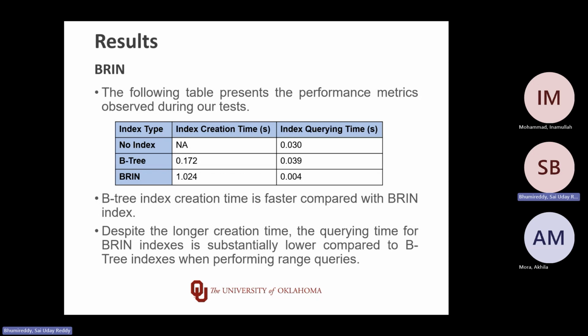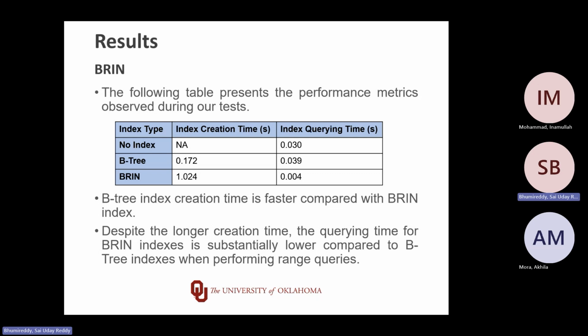When you see the creation time of the BRIN and B-tree index, the B-tree is created in a short time, whereas BRIN takes a bit longer compared to B-tree. But coming to the querying time, as you can see here, BRIN is outperforming B-tree amazingly. BRIN is just taking 0.004 seconds compared to without index and B-tree.